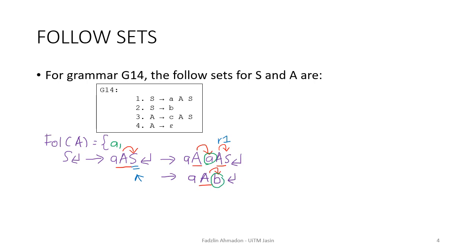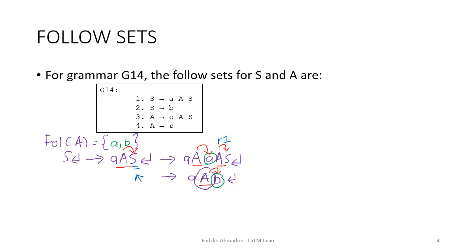Because b is a terminal, b also belongs in the follow set of A. What we need to do next is to try to replace all non-terminals to see which terminals can appear right next to A. But actually, this is the end of all possible derivations where a terminal can appear right next to A. Therefore, the follow set of A is only a and also b.